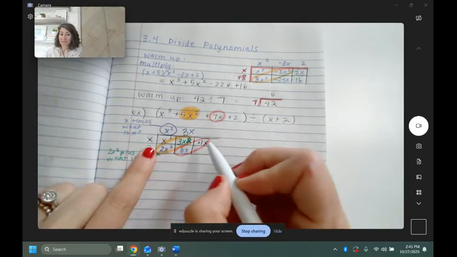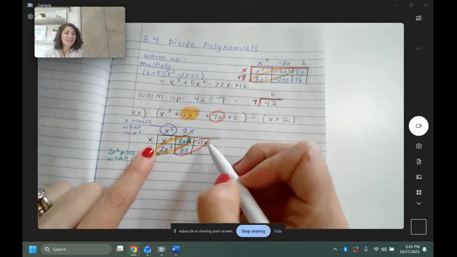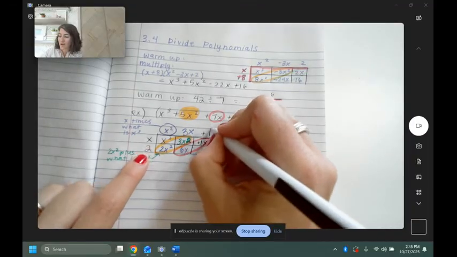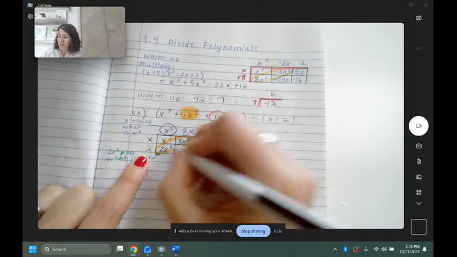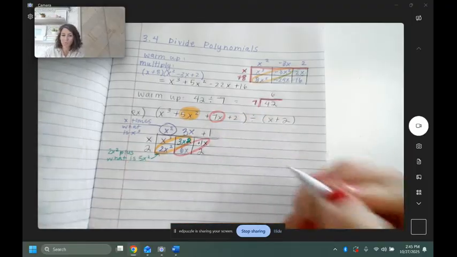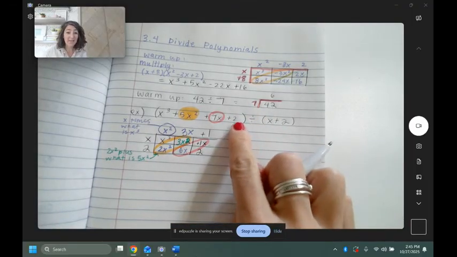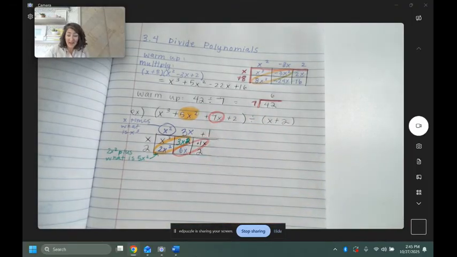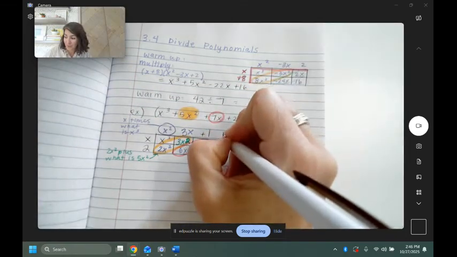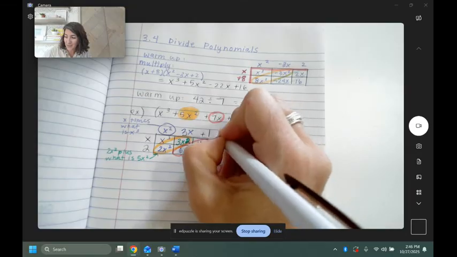Okay, and repeat this question again. X times what is 1x plus 1? Multiply 2 times 1 is 2. And then the last question I want to ask you here has to do with the remainder. Remember, sometimes there's a remainder in dividing.